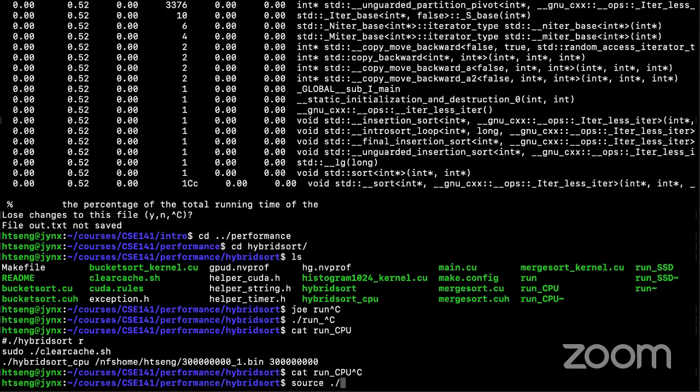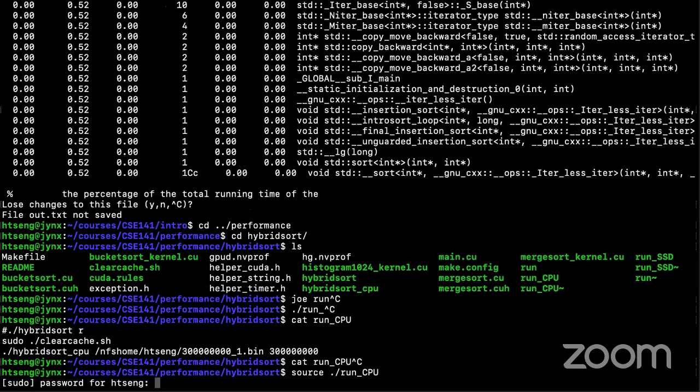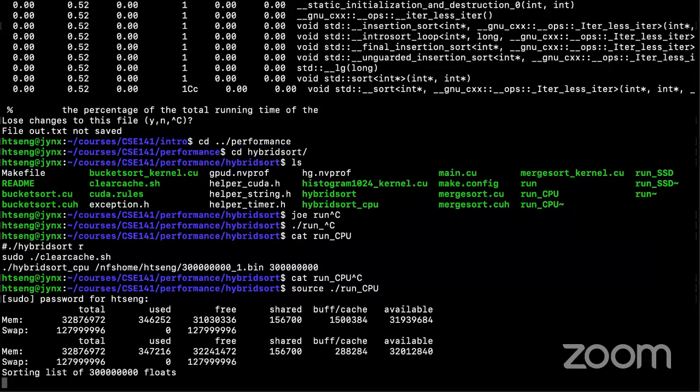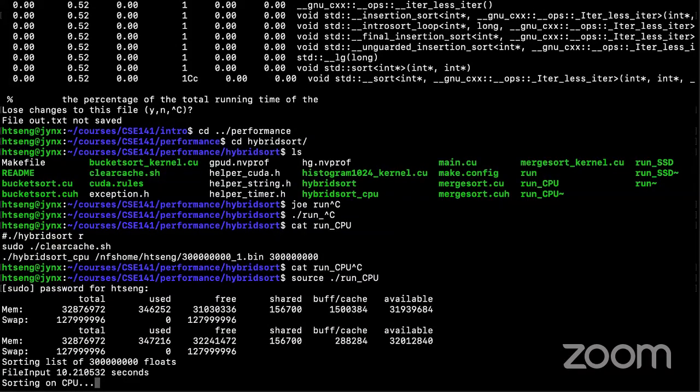To sort 300 million numbers actually takes a lot of time. First, on the CPU, you have to get the file from the hard disk drive, which takes about 10 seconds, right?